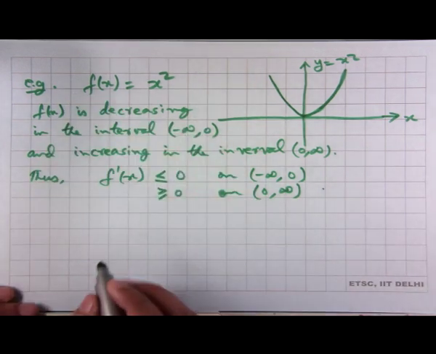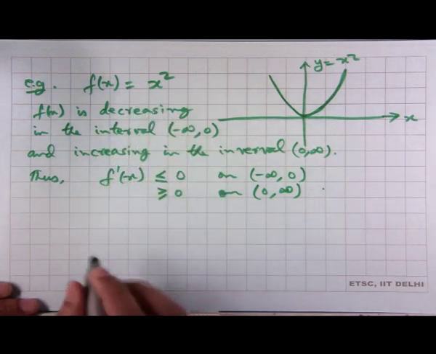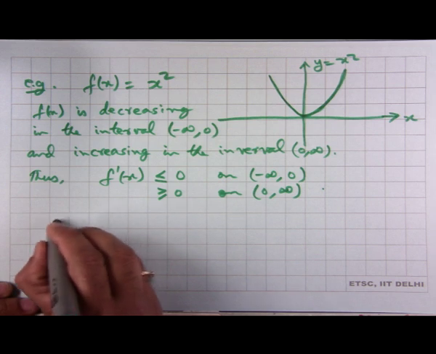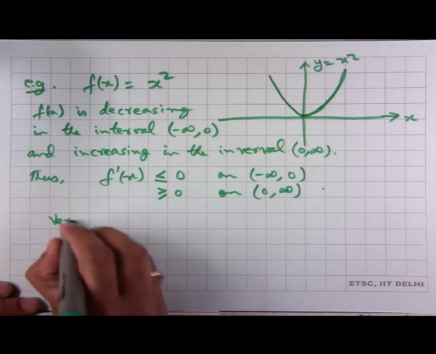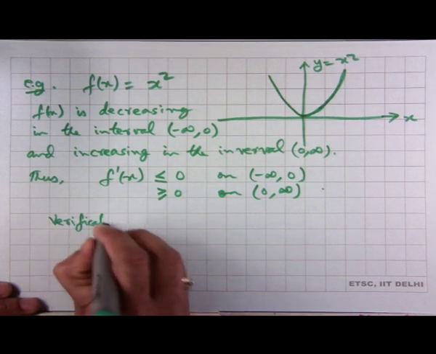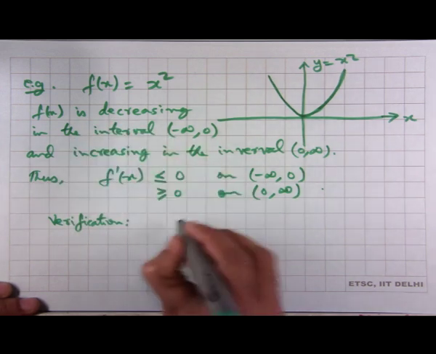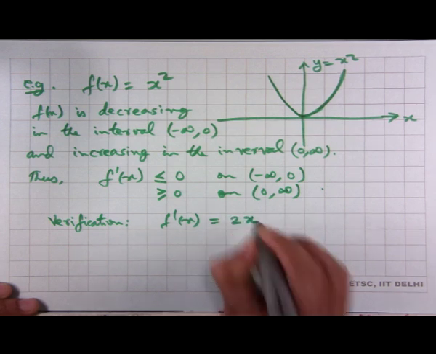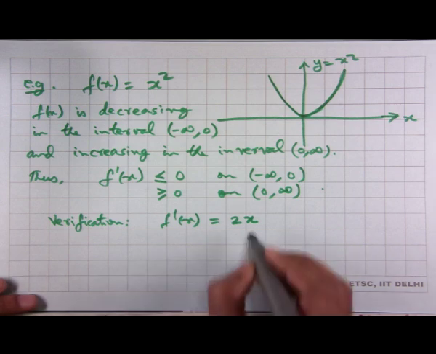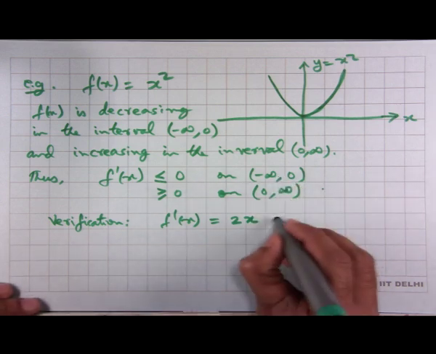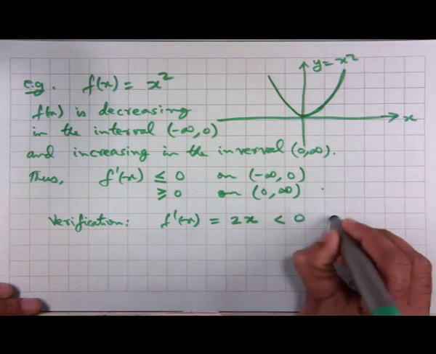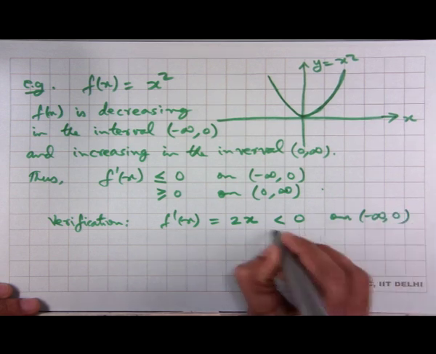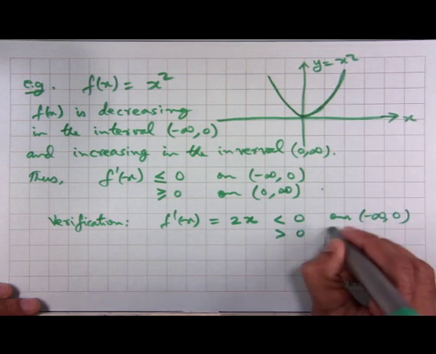Of course, here I can calculate the derivative directly: f prime x is equal to 2x. If x is negative, this is less than 0 on minus infinity to 0, and this is greater than 0 on 0 to infinity.